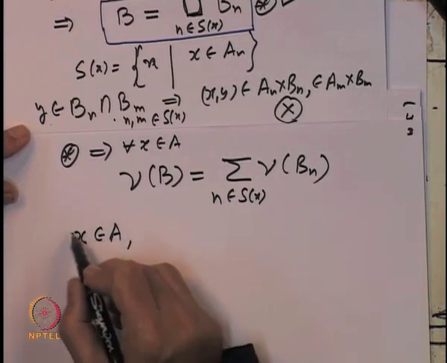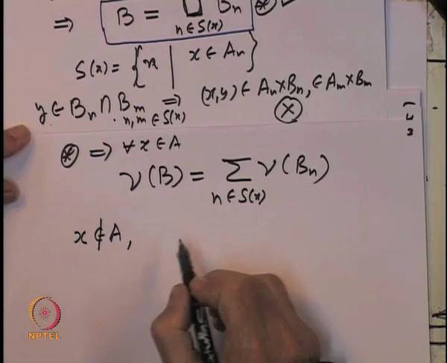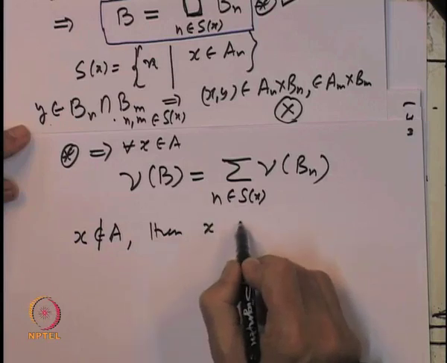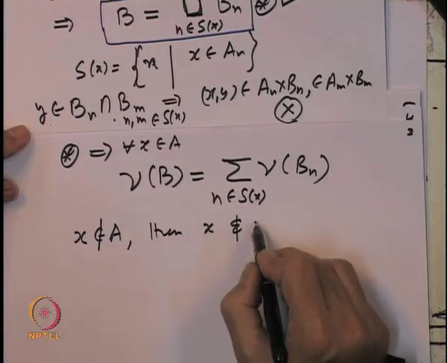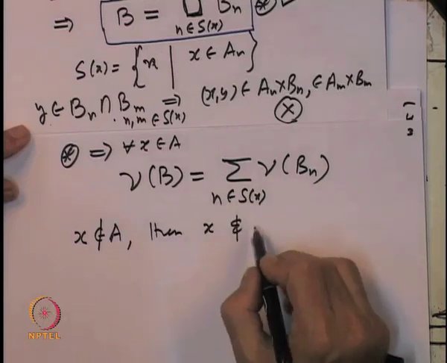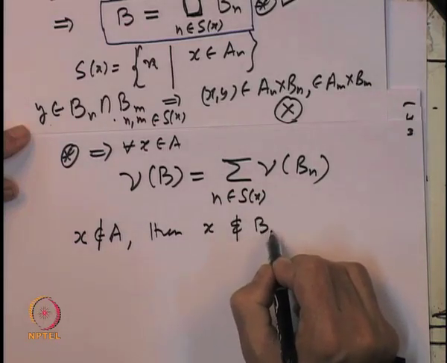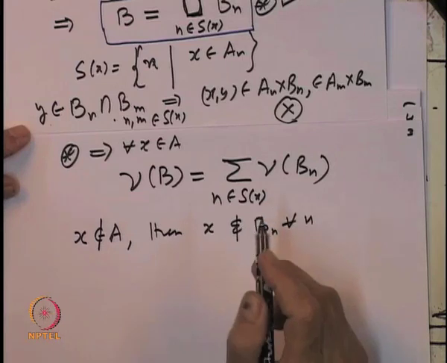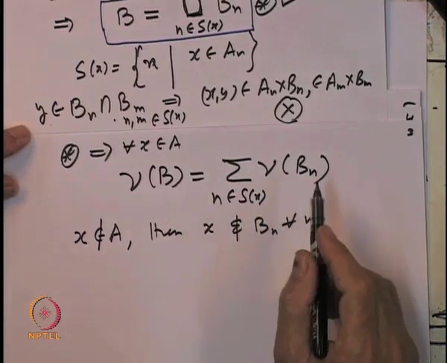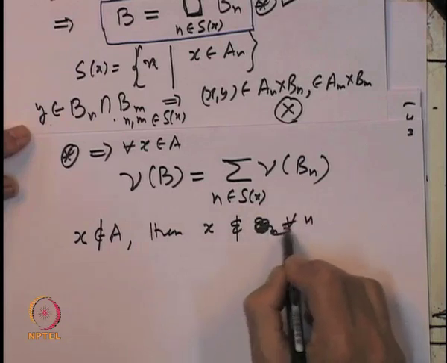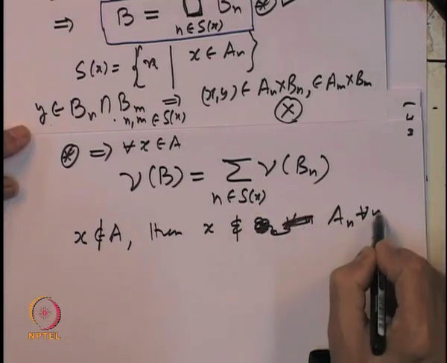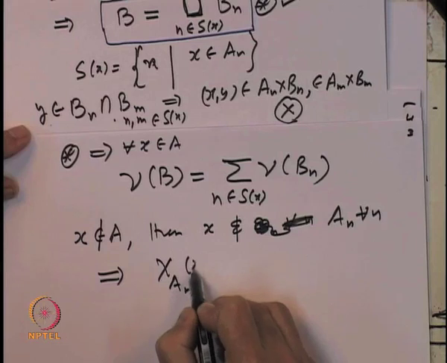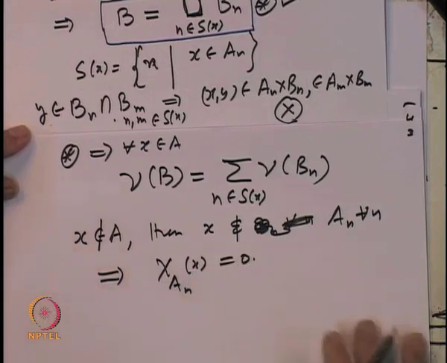Now suppose x does not belong to A. If x does not belong to A, then obviously x does not belong to A n for every n. So, that implies that chi A n of x will be equal to 0.